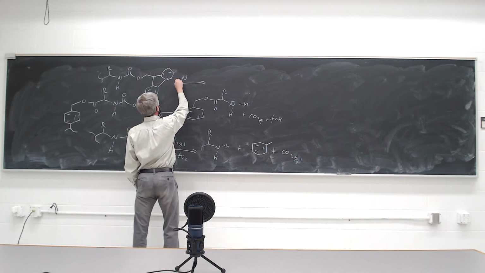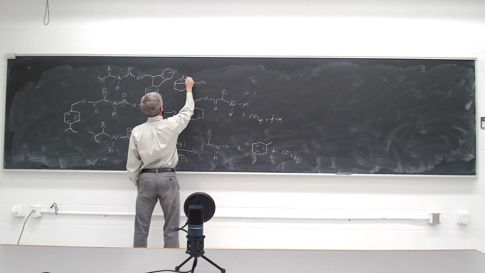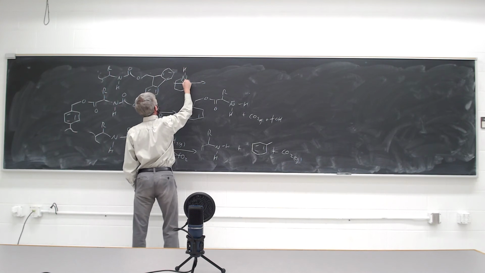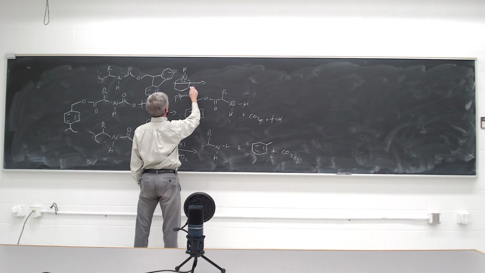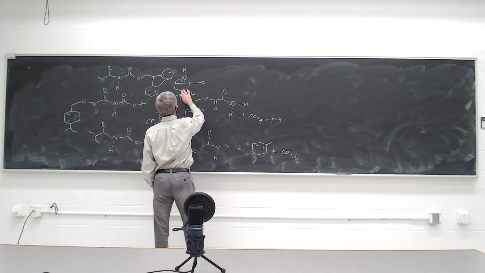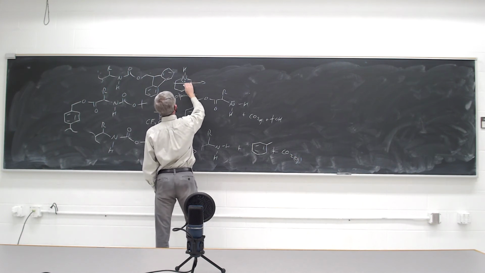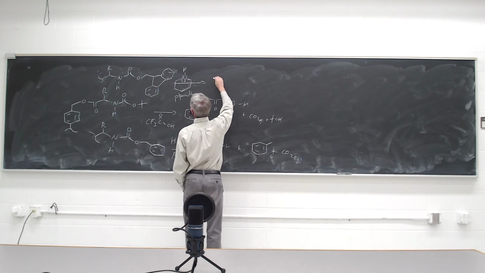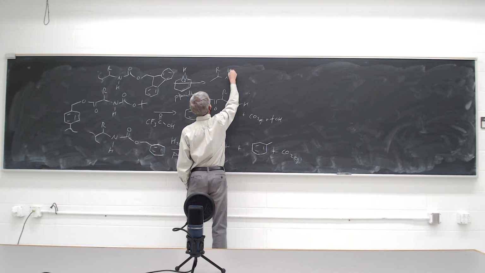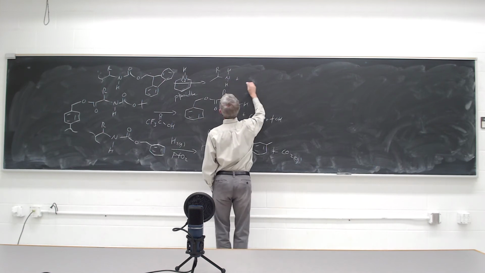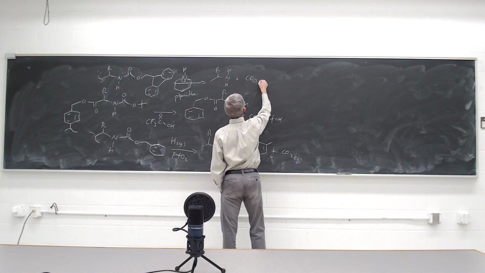The reagent for taking off the FMOC group is piperidine, like pyridine, except that it doesn't have the benzene ring. And same thing. Generates the free amine and also generates CO2.